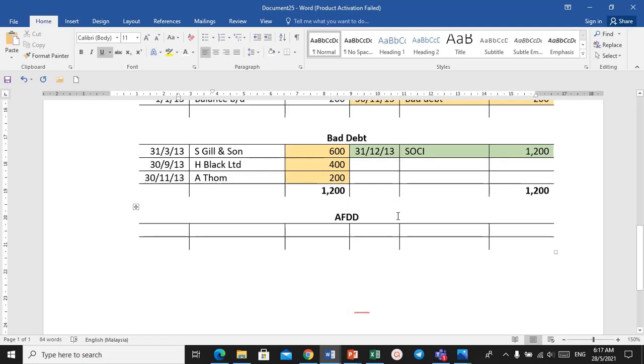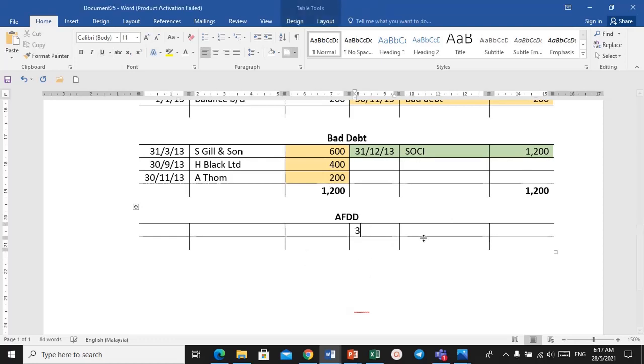The allowance for doubtful debt can only be created at the end of the accounting year. Same principles as what we have for depreciation. So we have it at this date, 31st of December 2013, and the double entry would be in the final accounts, which is SOCI, statement of comprehensive income.